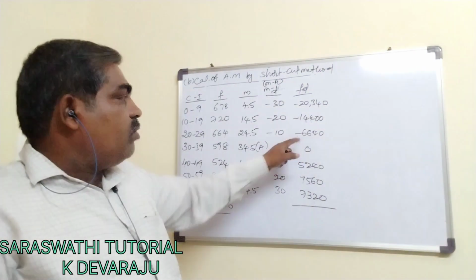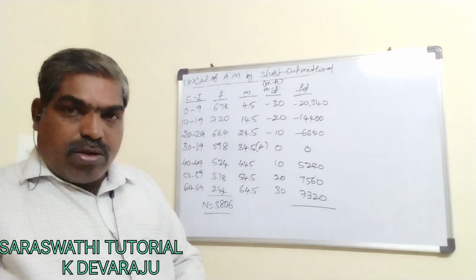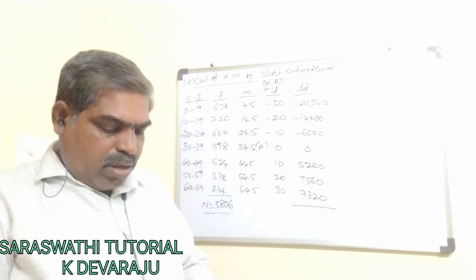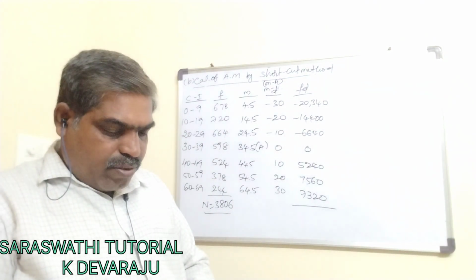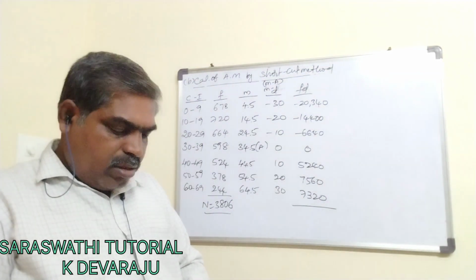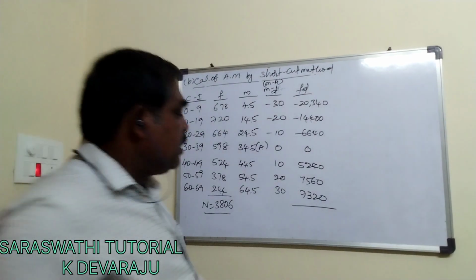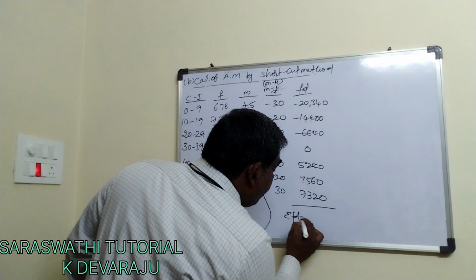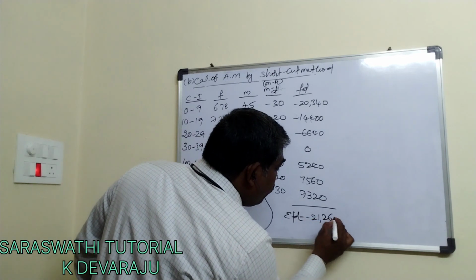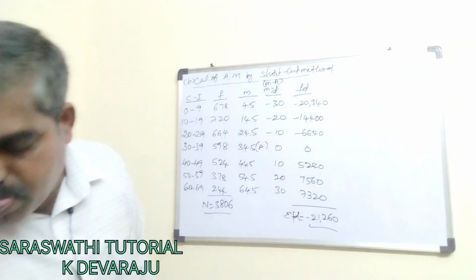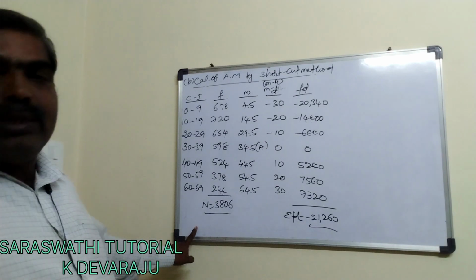From that we should deduct 20,340, 14,400 and 6,640. Summation FD is minus 21,260. N is the same.